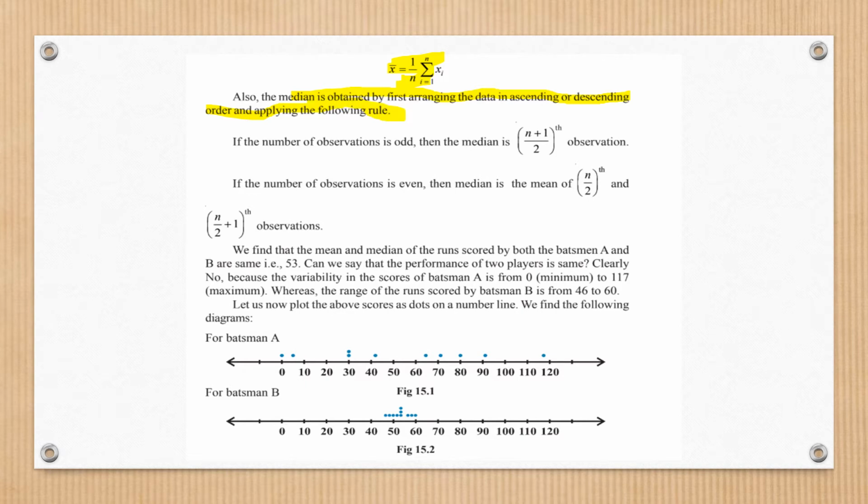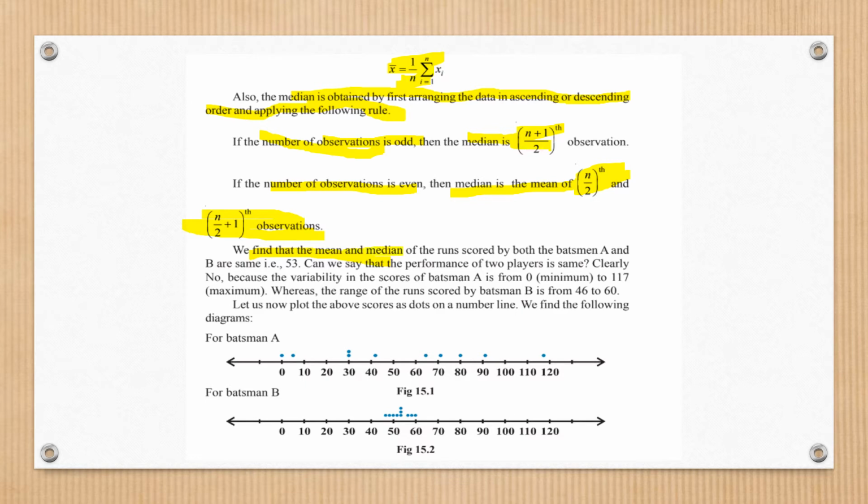So if you remember them, if the number of observations are odd, then the median is your n plus 1 by 2th observation. And if n is even, then the median is your n by 2th and the next n by 2 plus 1th observation, right? And you have to calculate the mean of these two.